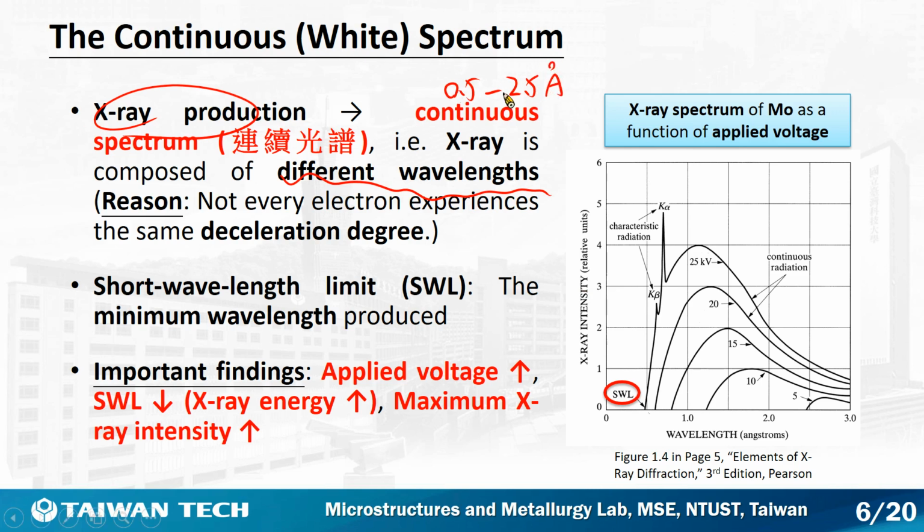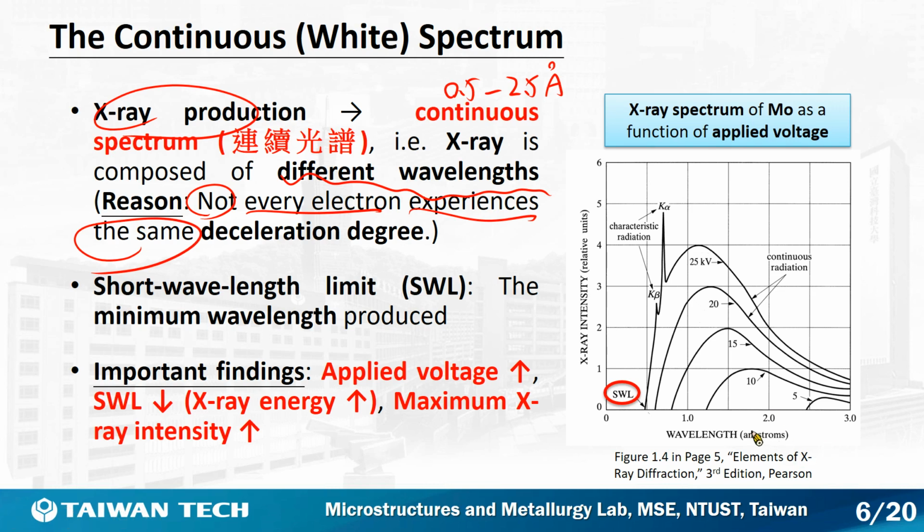That's the wavelength of X-ray. And why would it have different wavelengths? That is because we know that electrons must experience decelerations, but not every electron experiences the same degree of deceleration. So it will show different wavelengths.